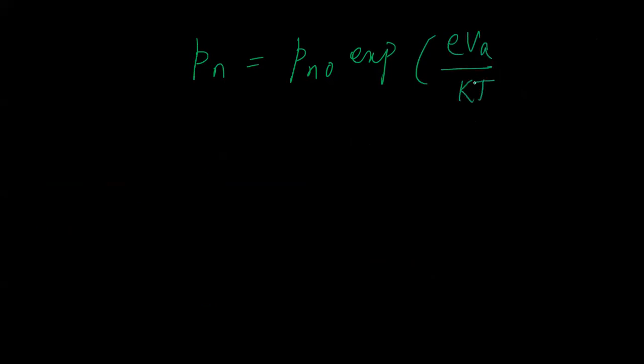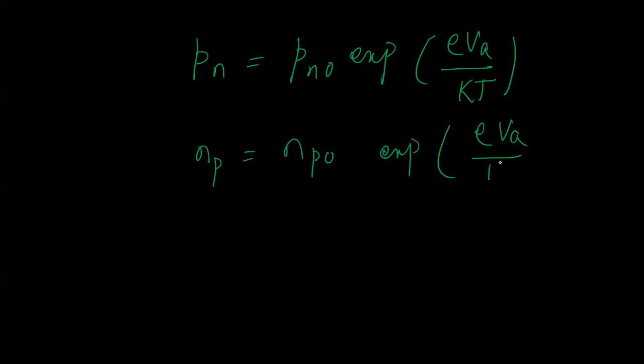So these two equations we obtained, and the other one we got is Np equal to Np0 exponential of eVa by kT. As we said, all these parameters: k is the Boltzmann constant, T is the temperature, e is the electronic charge, Va is the applied bias. So let me write what is Np.